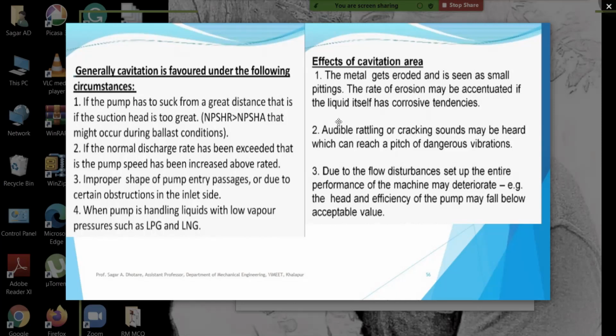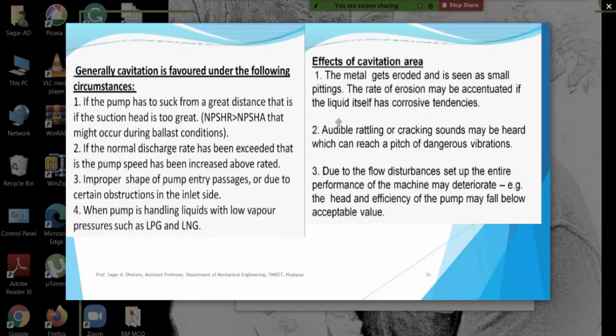So if you suddenly increase the pump RPM above the rated level, cavitation could occur. Improper shape of the pump entry passage or some obstruction in the pump inlet can also cause it. Also, when the pump is handling a liquid with low vapor pressure such as LPG or LNG, cavitation may occur.